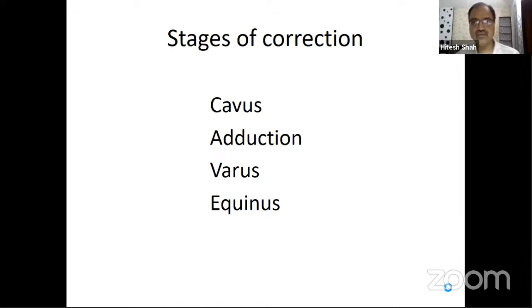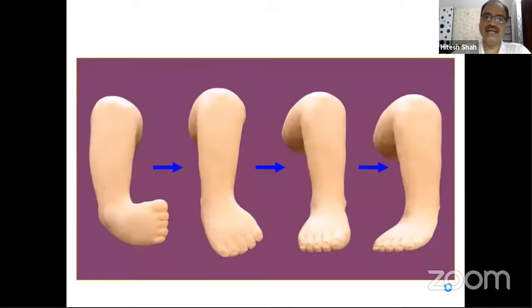What is the reason to follow these specific sequences? If we try to correct the hindfoot equinus first, we can land up in a secondary deformity like a rocker bottom foot. So always consider the cavus, followed by adduction, followed by varus, followed by equinus.